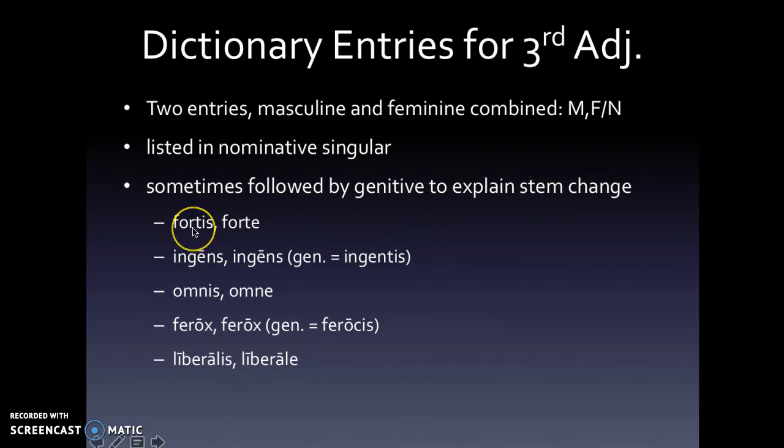So fortis is the nominative singular for the masculine and feminine. Forte is the nominative singular for the neuter. Same for ingens, ingens. It's exactly the same in the masculine, feminine, and the neuter. There's a stem change when you go to the genitive. And then same for these other ones right here.